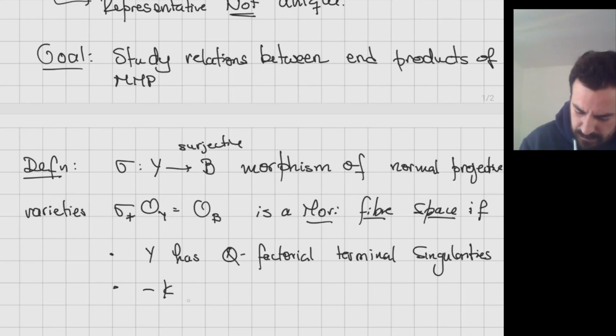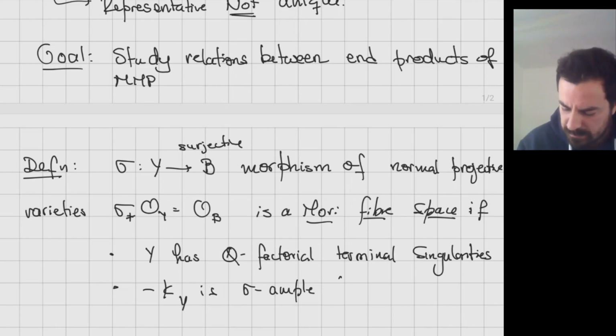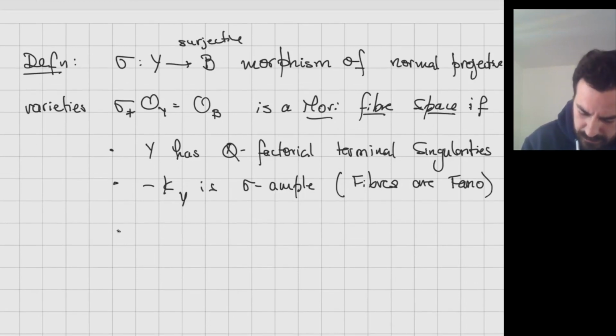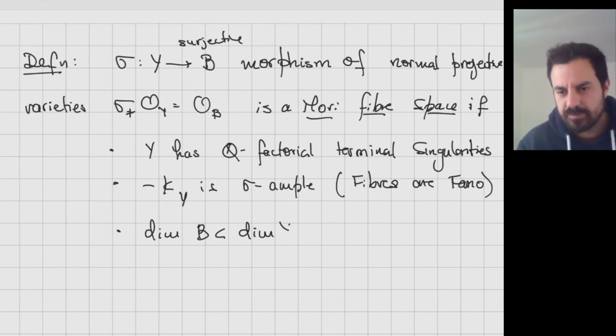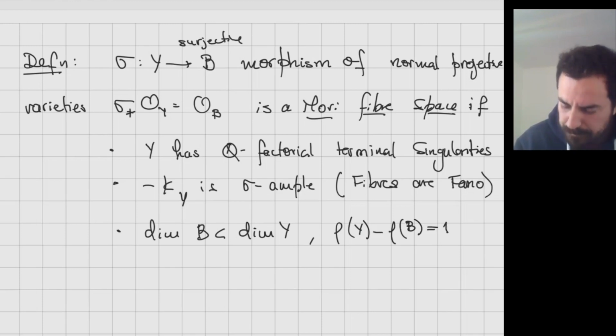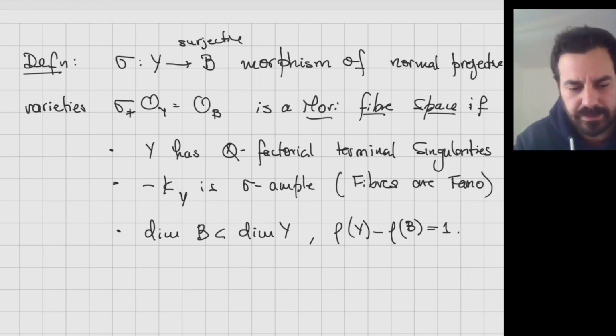Okay, minus K_Y is sigma-ample. I just mean that the fibers are Fano varieties. And finally, we want the dimension of the base space to be smaller than the dimension of the total space, and the relative Picard rank, which is the difference between Picard ranks, is 1. So this is what a Mori fiber space is.